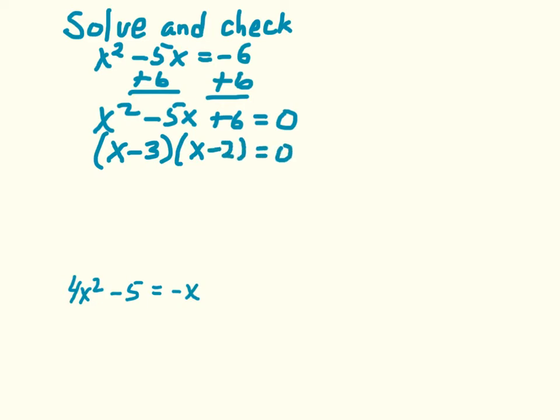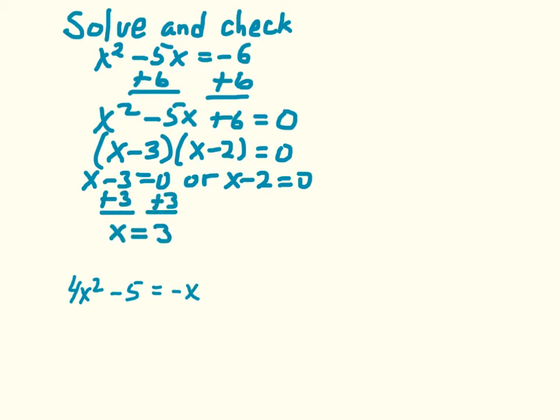I can apply the zero products property and get x minus 3 equals 0, or x minus 2 equals 0. I'm going to add 3 to both sides, and I get x equals 3, or x equals 2. I'm going to check those over here. So let's check those.